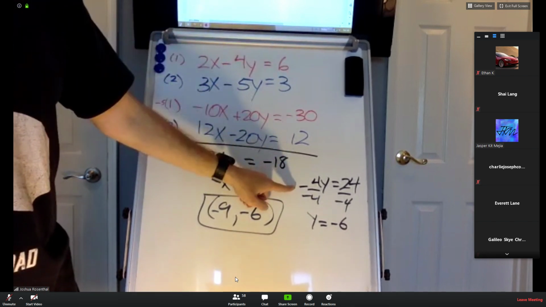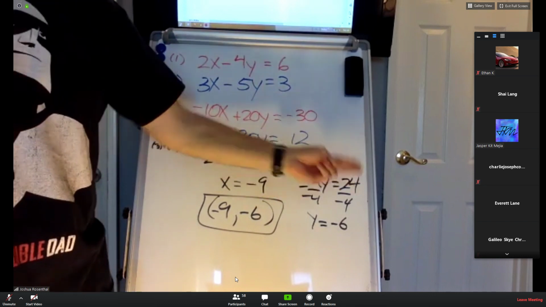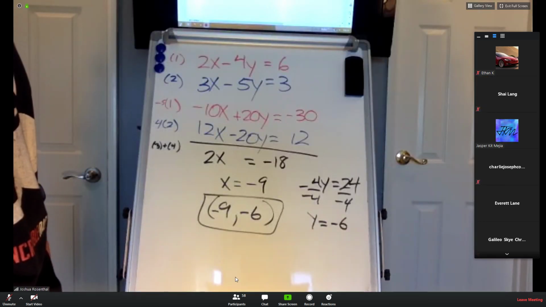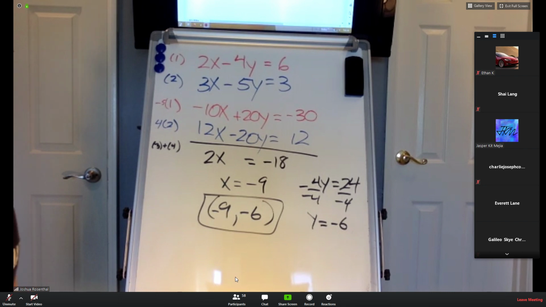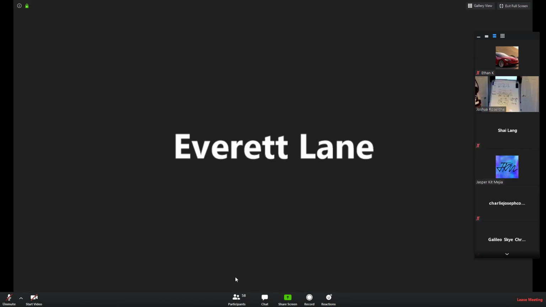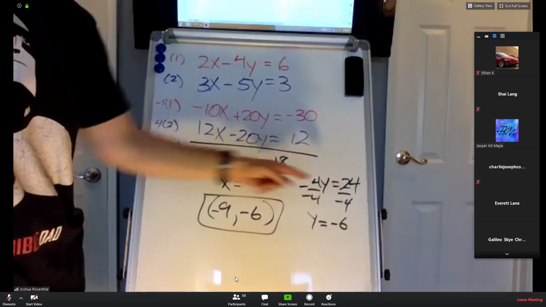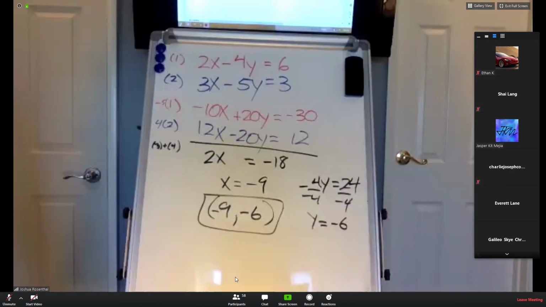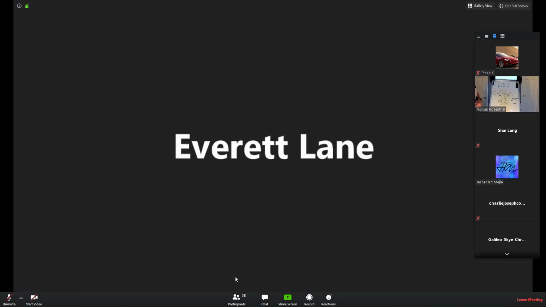So negative 4y equals 24. It's not 4y. It was minus 4y, so it's negative 4y. Look here, Everett. Negative 4y equals 24. And then you just do division. Yeah. That's it. I sort of understood that. That's great. Excellent.